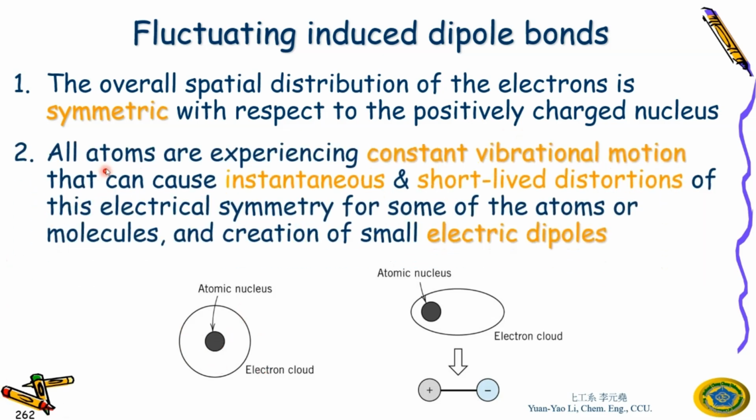And all atoms are experiencing constant vibrational motion that can cause instantaneous short-lived distortion. Remember, short-lived distribution: the distribution of the electrons changes with time. So the short-lived distribution breaks the electrical symmetry for some of the atoms or molecules and creates small electric dipoles.